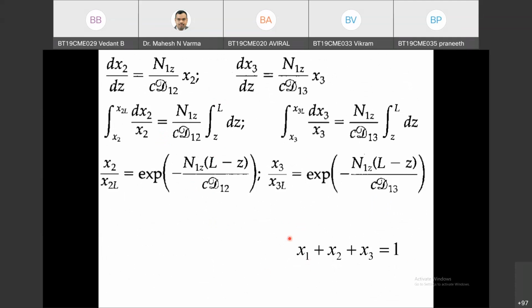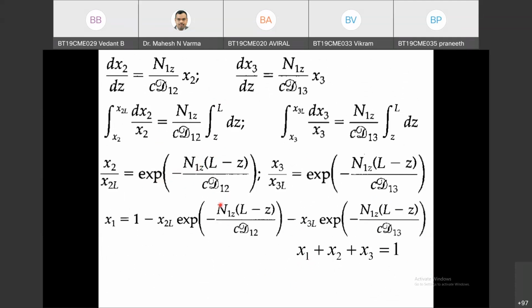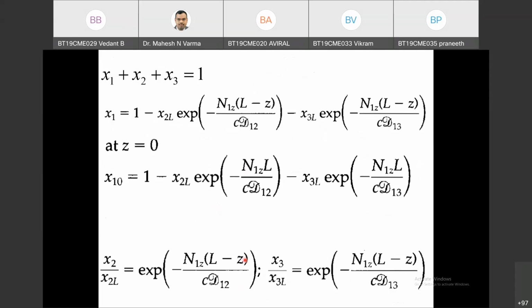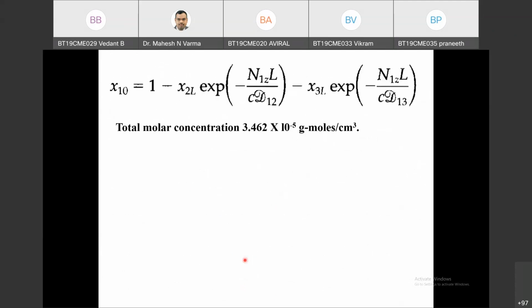This is a very important condition. So using this condition and the individual diffusivities, I can get the value of the flux of water in nitrogen and oxygen, or you can use the effective diffusivity.